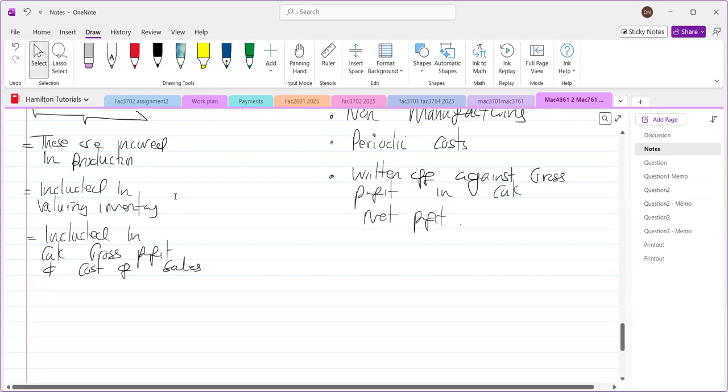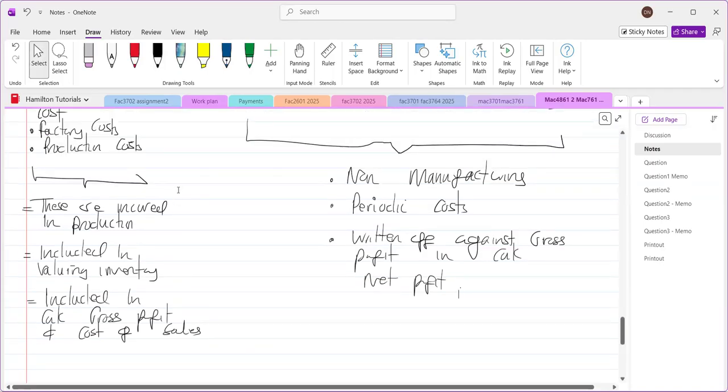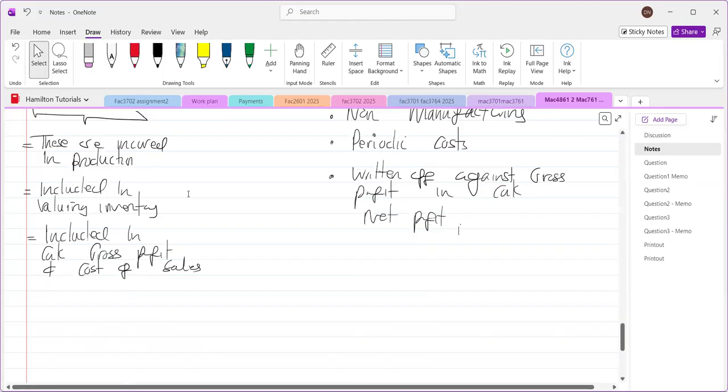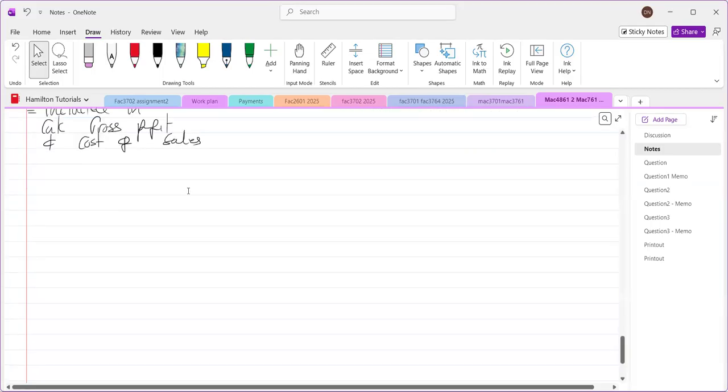So when you calculate net profit, the manufacturing costs are going to be included above the gross profit. Then the periodic costs are those costs that you deduct once you have calculated your gross profit. So you need to be very, very clear about all these terms that I am giving you.